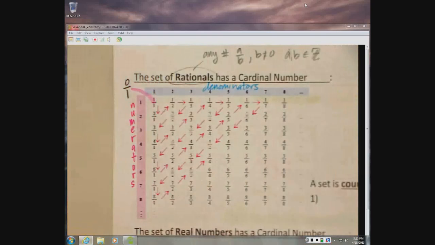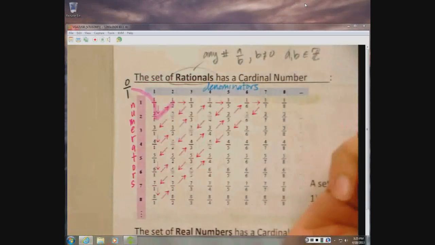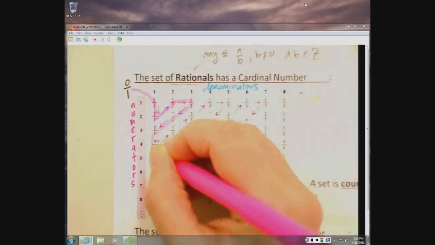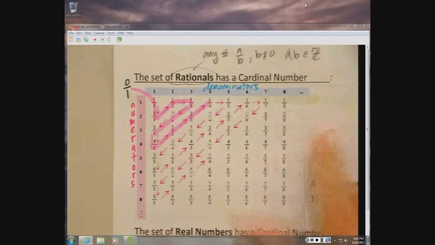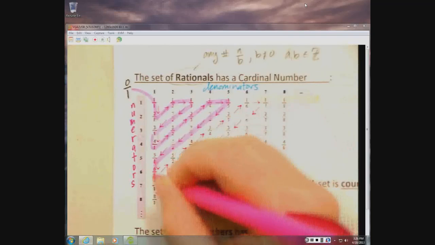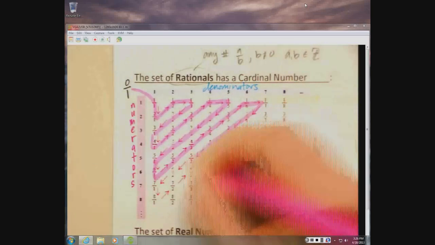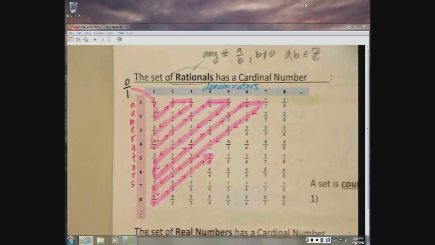Okay, so I come in, and I'm going to zigzag through this grid. Now, because I've found a way to systematically list all of them, and we have a way to systematically get through all of them, we can say that this is countable.